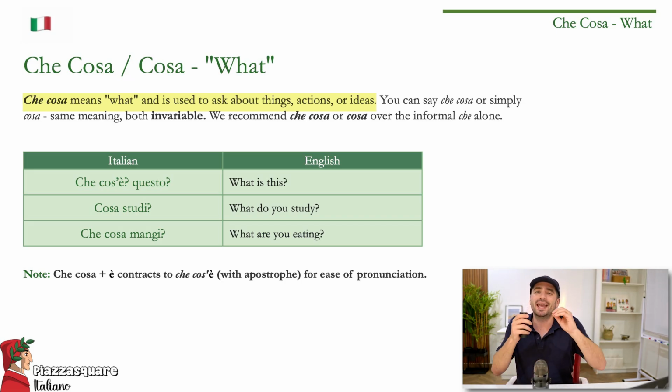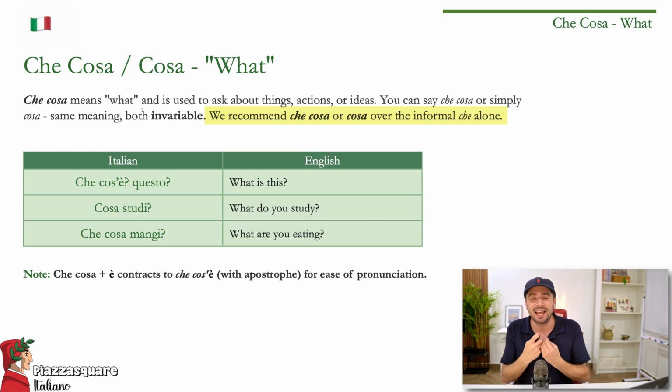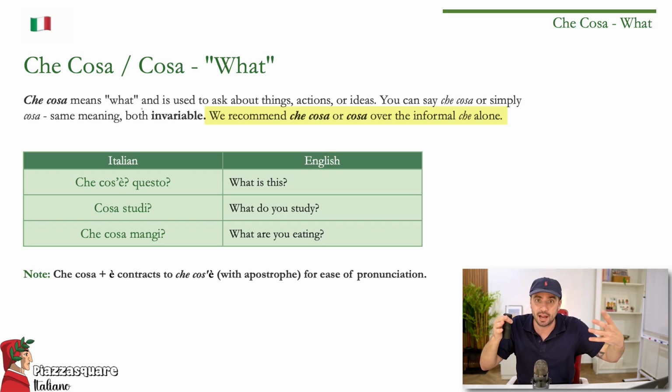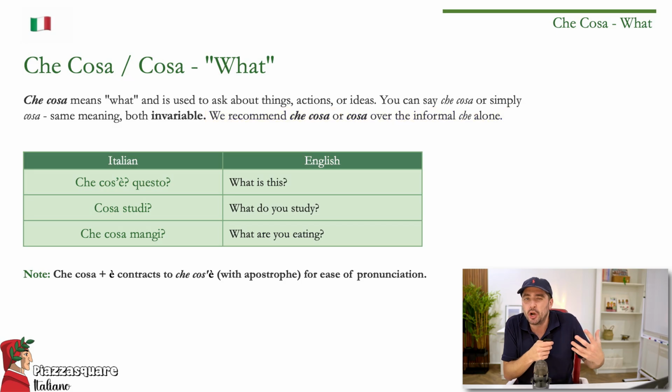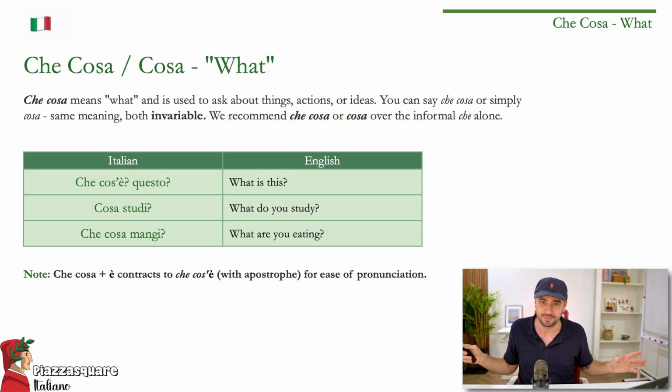You can say the full form che cosa, or simply cosa, or even just che. They have the same meaning and usage. These forms are interchangeable, even if the form che by itself, meaning what, is more informal and it's often heard in casual speech or in certain regions.